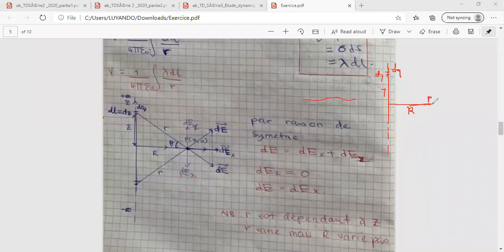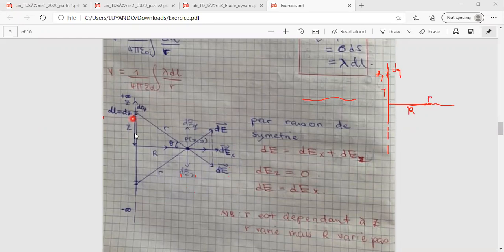If I extend this line, this is my point P, and I've extended the line. This is my y or z. I'll explain that later.